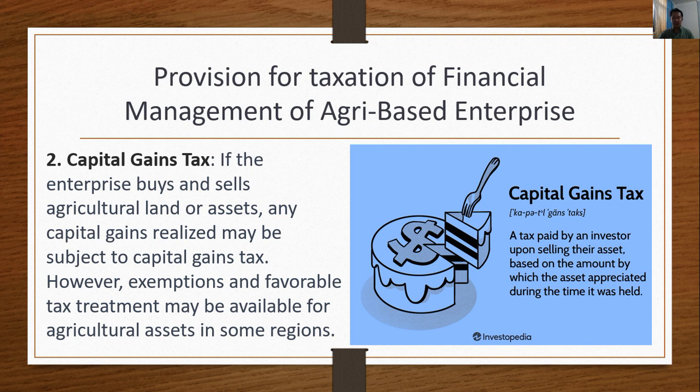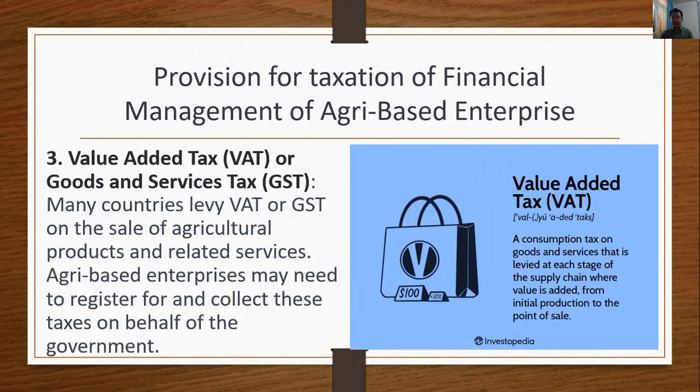However, exceptions and favorable tax treatment may be available for agricultural assets in some areas. Then there is value added tax or goods and services tax. Many countries levy VAT or GST on the sales of agricultural products and related services. Agri-based enterprises may need to register for and collect these taxes on behalf of the government.